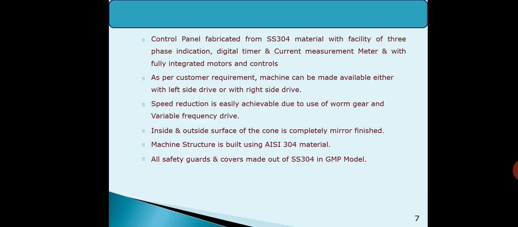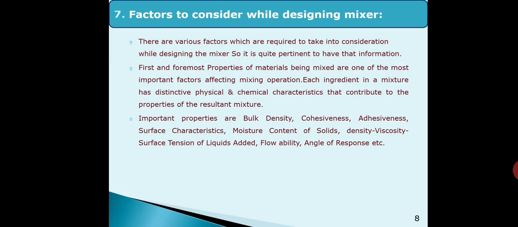GMP is good manufacturing practice. As we are manufacturing in a pharmaceutical company, we have to follow all the GMP and cGMP guidelines. For that purpose only, the machine parts and safety guards are made as per the norms given in GMP models.